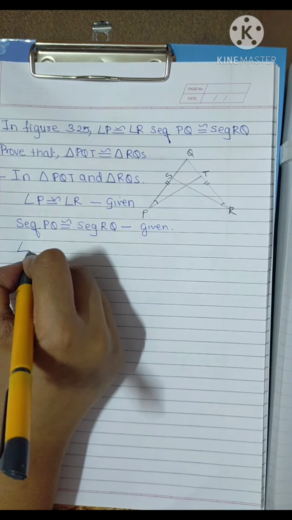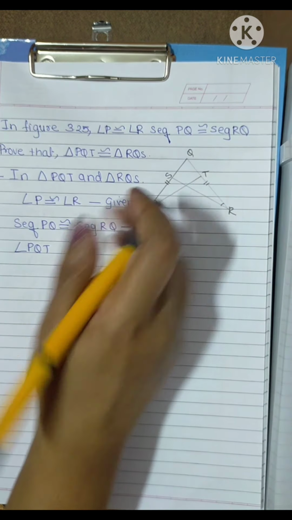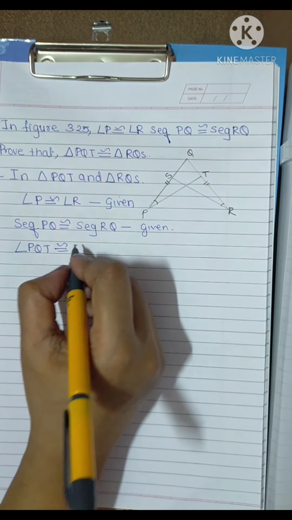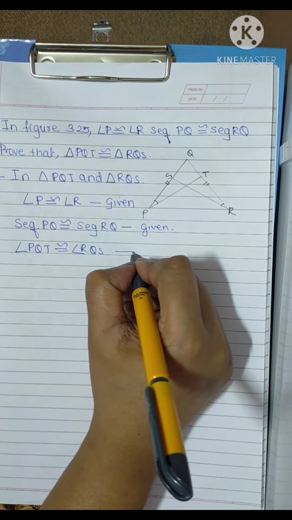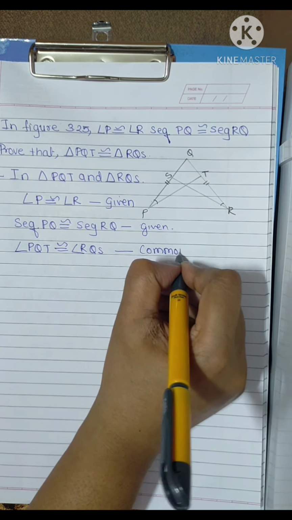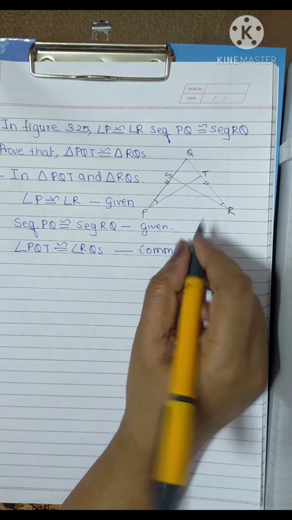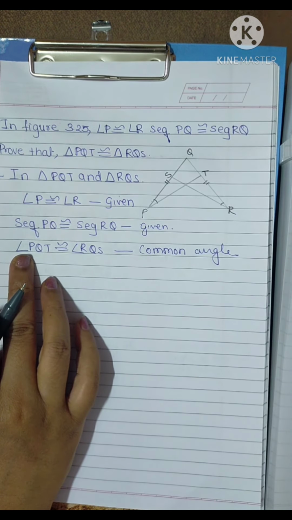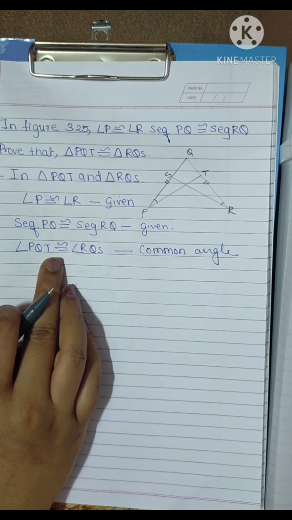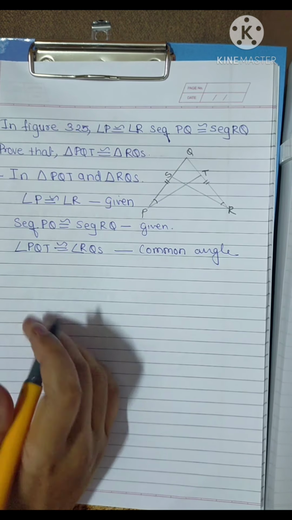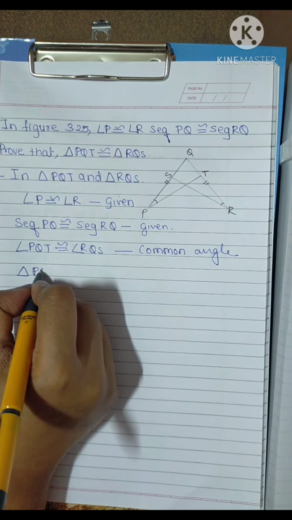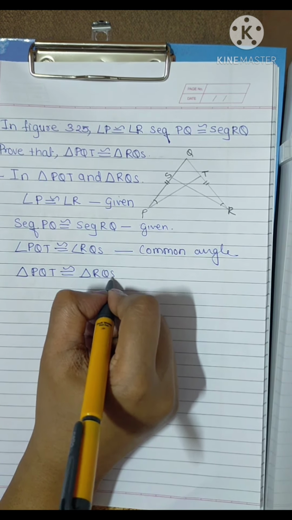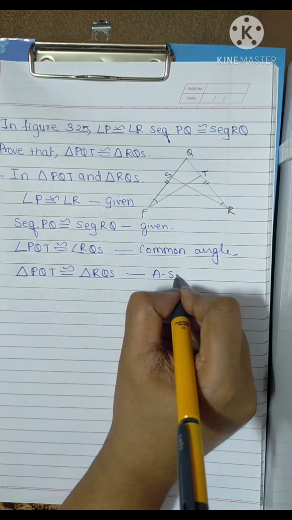Now angle PQT is congruent to angle RQS because of the common angle. Next, triangle PQT is congruent to triangle RQS by the ASA test.